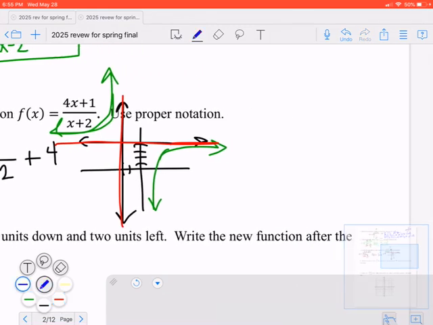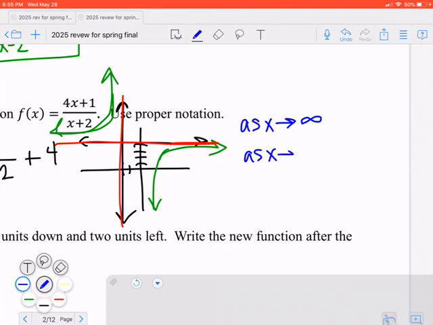All right, so for end behavior, you have two parts. As x approaches positive infinity, that means on the right. As x approaches negative infinity, that means go along the x-axis on the left. And then you have the second half of that statement: f of x approaches what, comma, f of x approaches what?